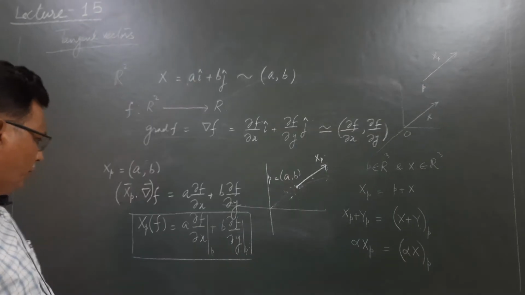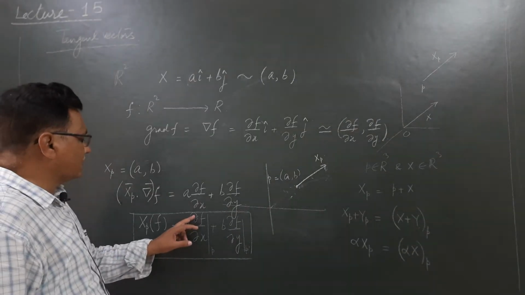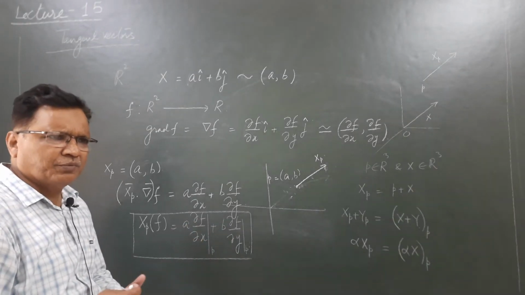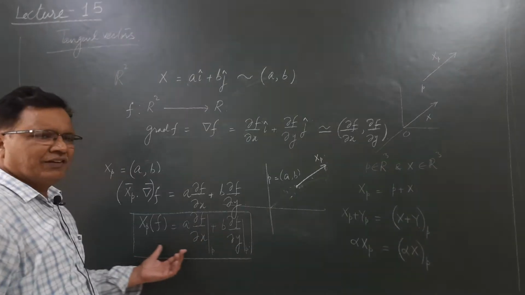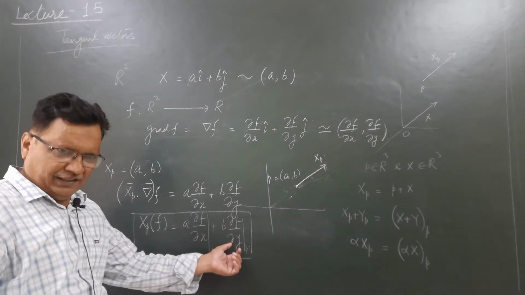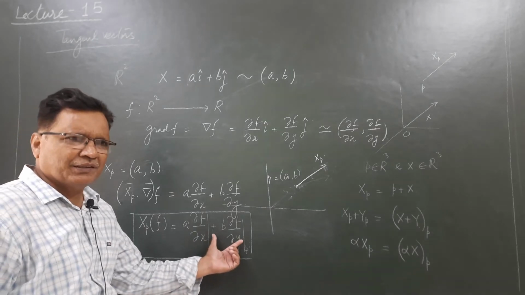All right. And moreover, we know that del upon del x and del upon del y satisfy the Leibniz property. Both the partial derivatives are linear by nature and they satisfy the Leibniz property.